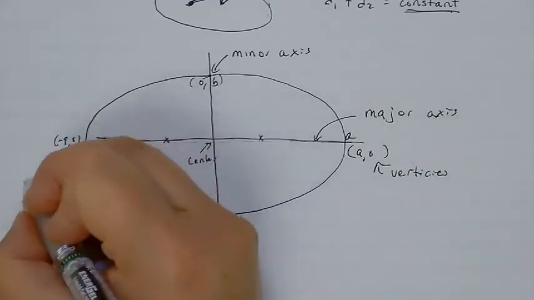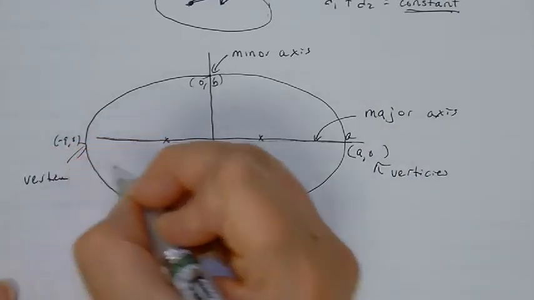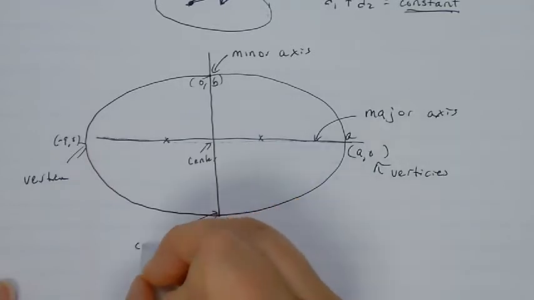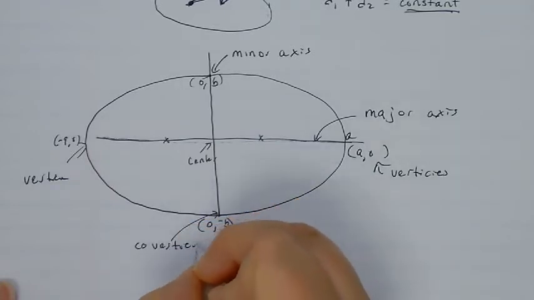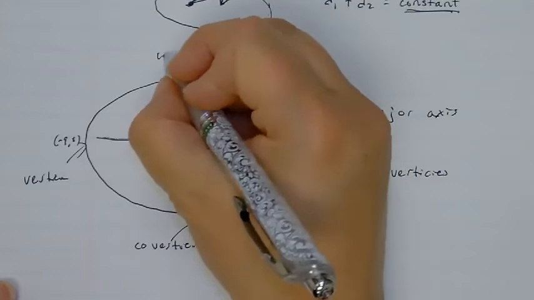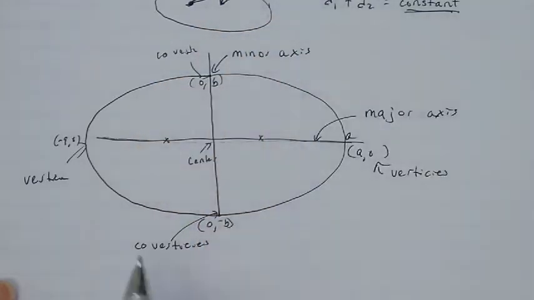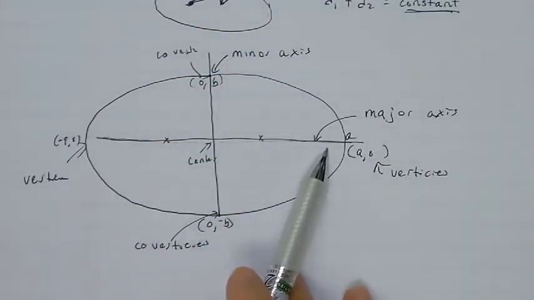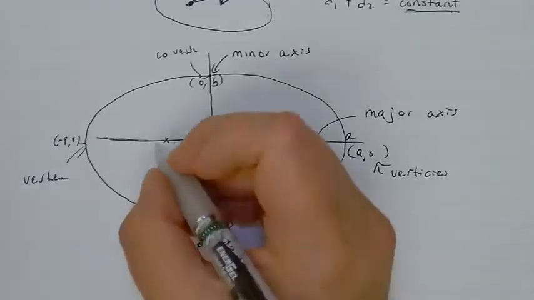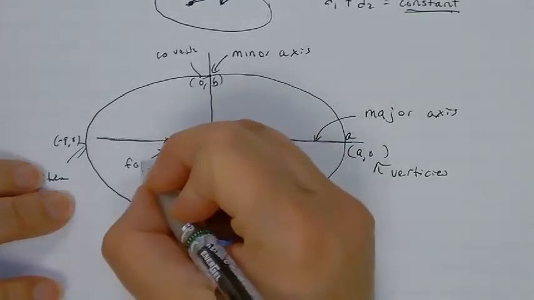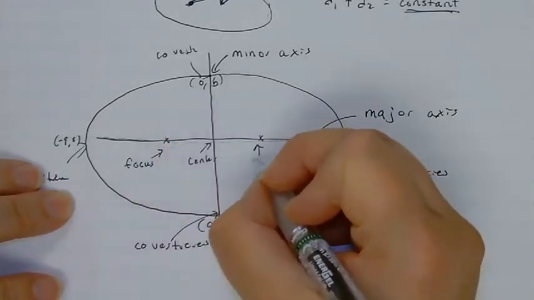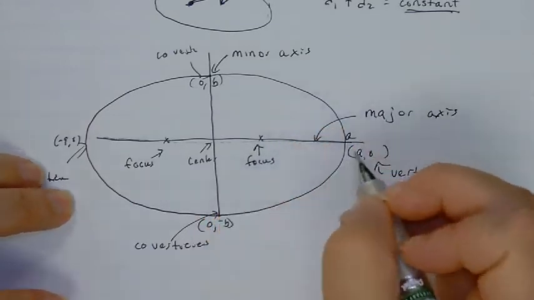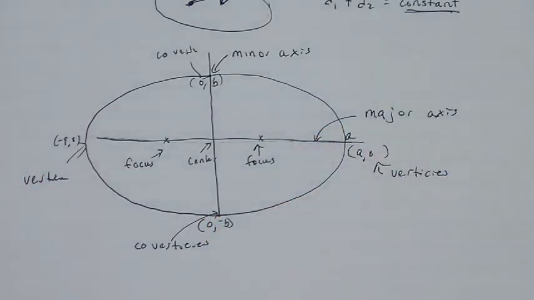This one would also be a vertice. And we would call these covertices. This one would be a covertice. So the major axis is the line drawn through the focus points. So we would call these focus points. So just like with our parabola, we had one focus point. Now we have 2 focus points.